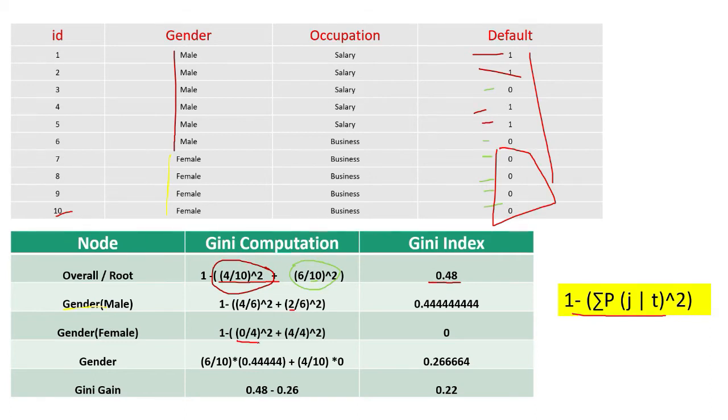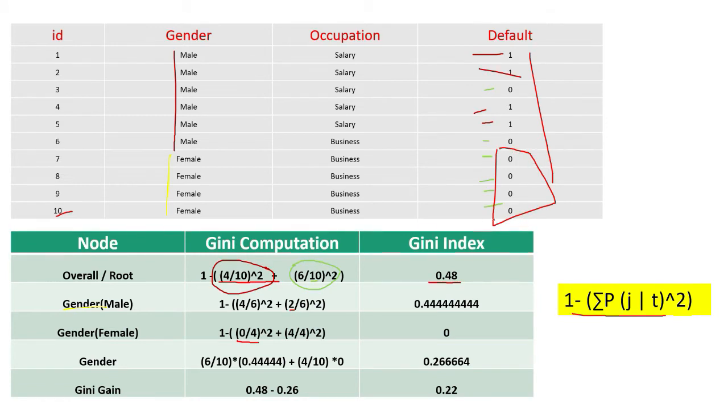Now we will calculate the Gini where the gender is female and there has been no default.